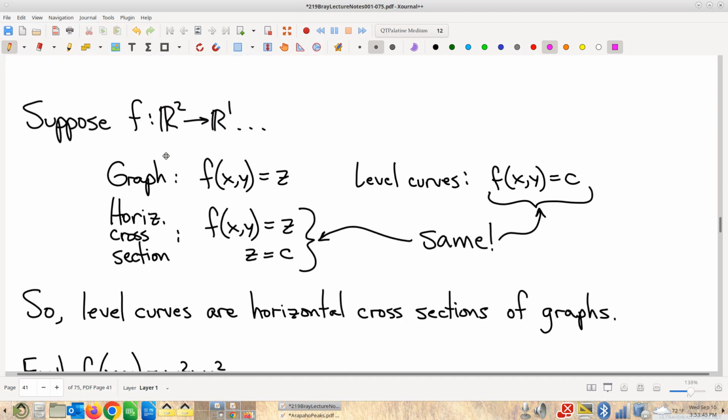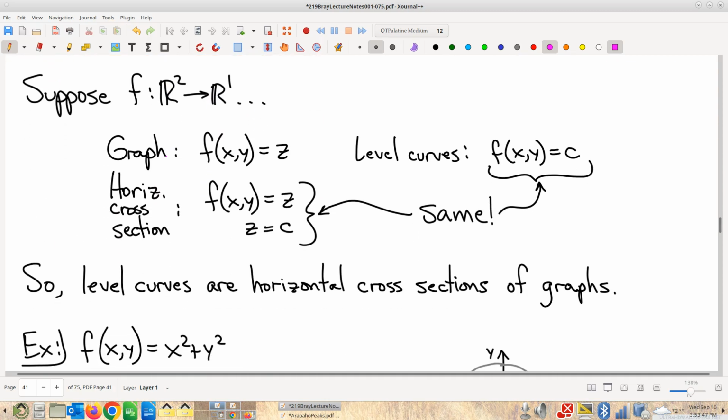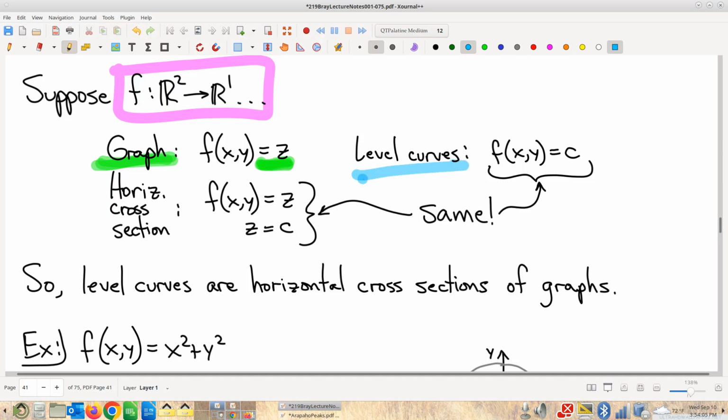Okay, here's a cool fact. Notice, given a function, now we're going to look at a function of two variables here. The graph is what I get by setting it equal to z. The level sets are what I get by setting it equal to a constant.